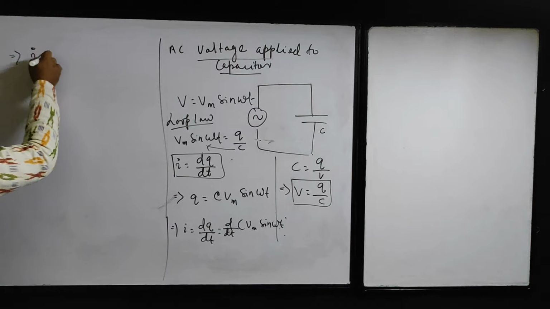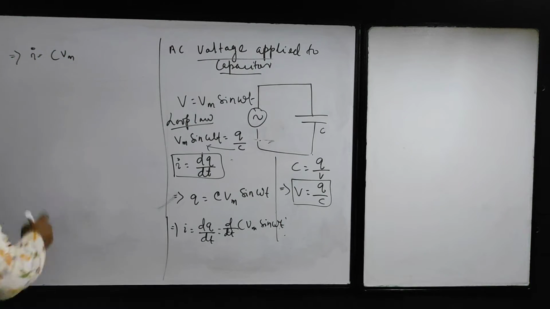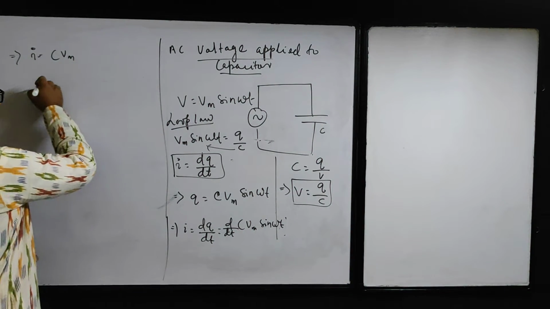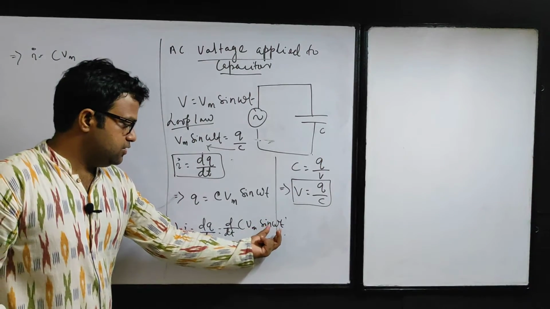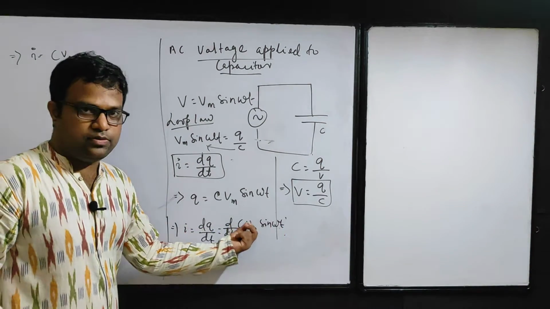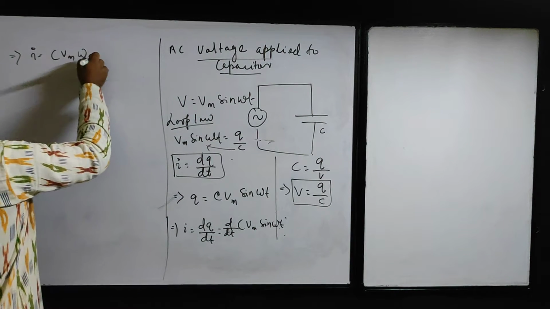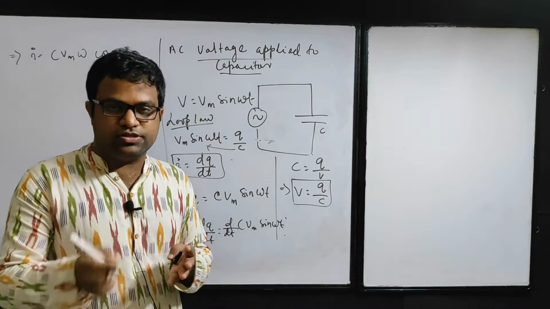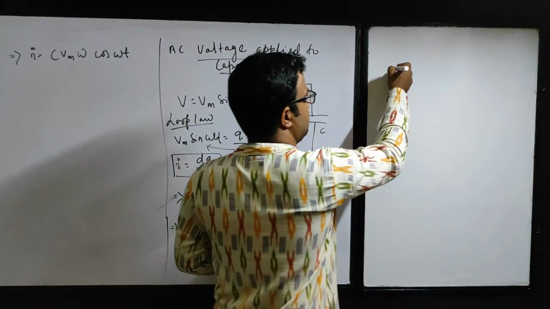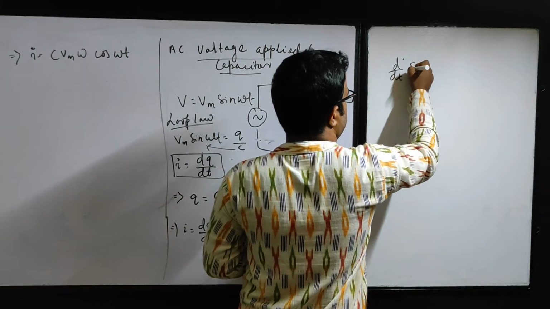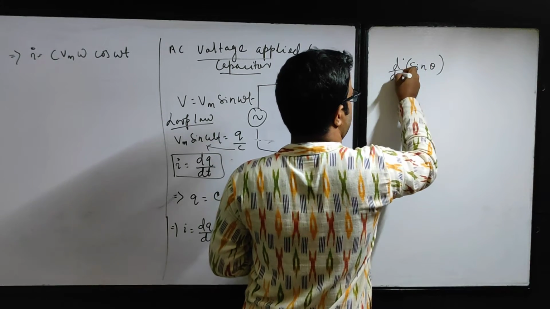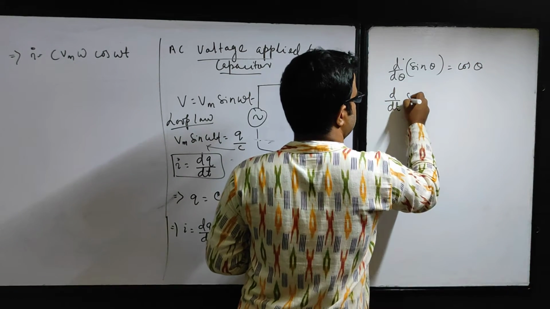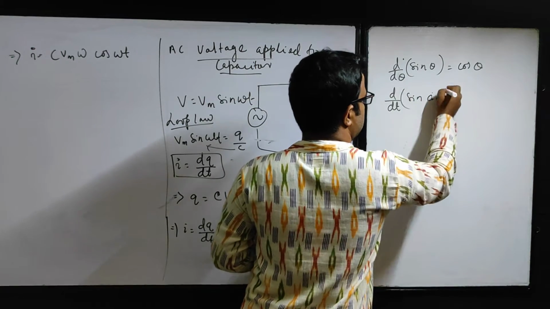So your I will be equal to C Vm outside, and the derivative of sin omega t is cos omega t, and omega will also come outside. Derivative of sin theta is cos theta, but d by d theta of sin of a constant a times theta is what?